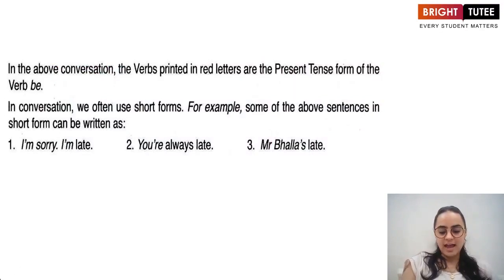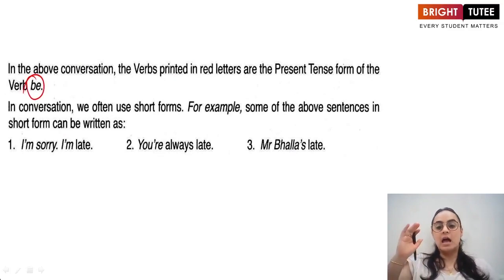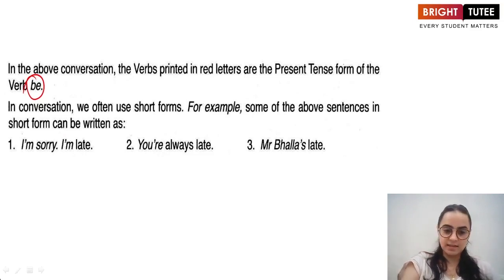Therefore, as I told you, all the words that were highlighted in the above conversation were the present tense of the verb be. So we can, at times, use the short forms of these verb forms of be as well. Let us understand that better.